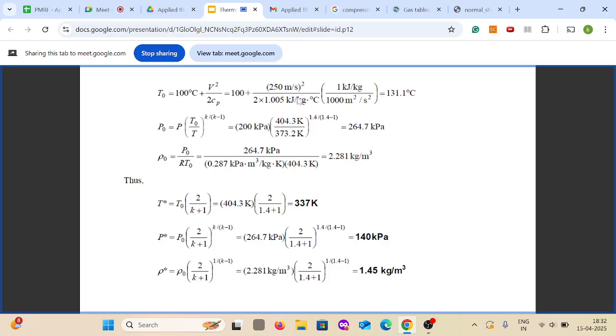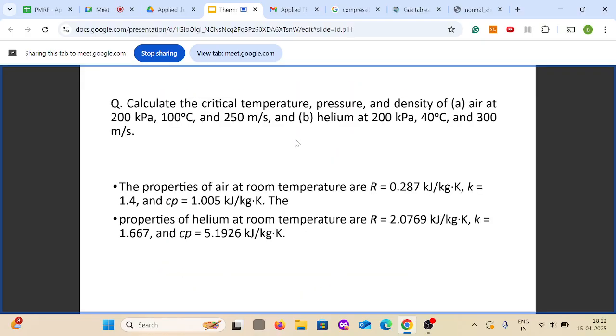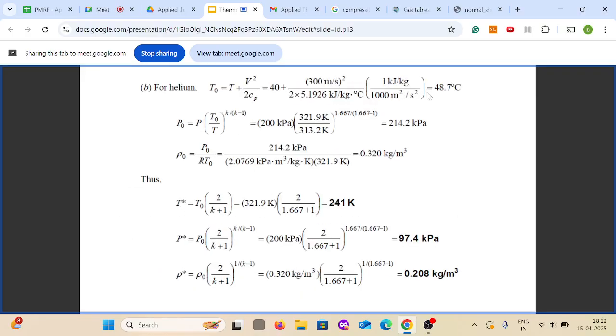So T naught comes out to be 131.1 degrees Celsius, and similarly P naught is P into (T naught by T) raised to power gamma by gamma minus 1. P is 200 kilopascal, and temperature we have found out T naught 404.3. Sorry, this comes out with 48.7 degrees Celsius, and V is 300 meter per second square.